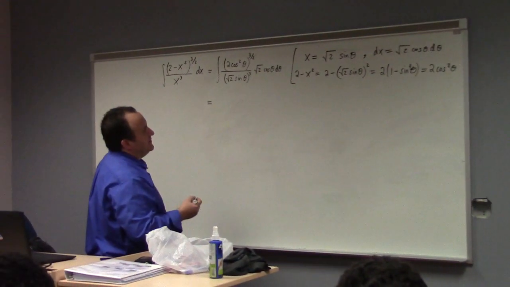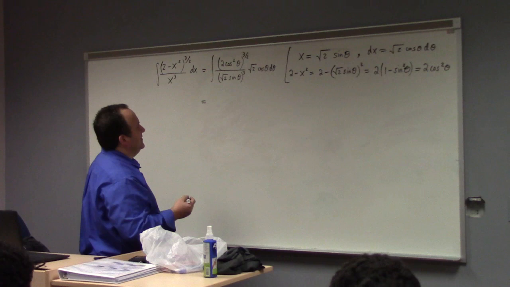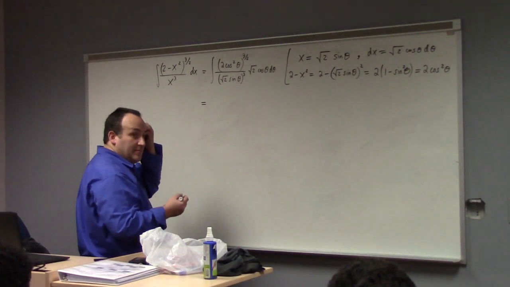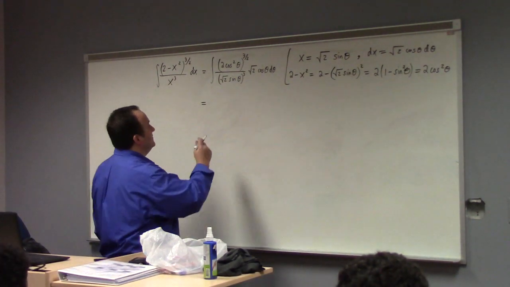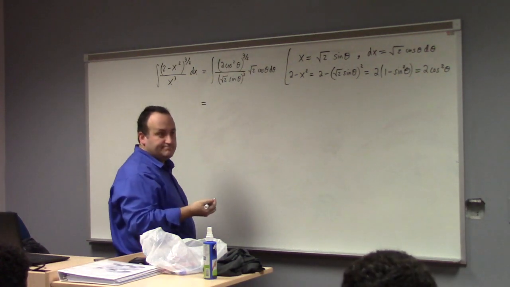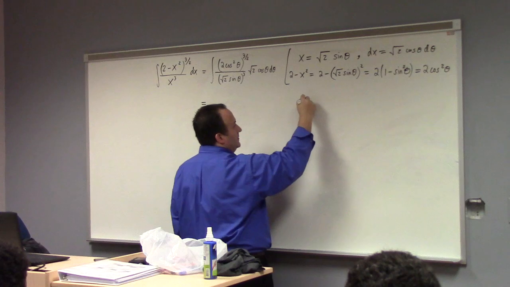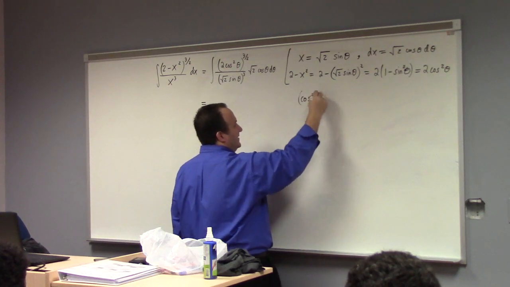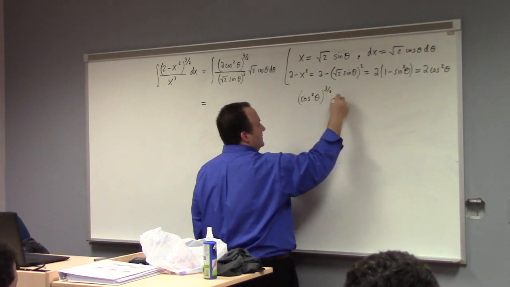All right, let's see here. What's going to go on here? What do we do? So what happens to the cosine squared to the 3/2? What does that mean? Cosine squared to the 3/2 is what? That's cosine cubed, right?